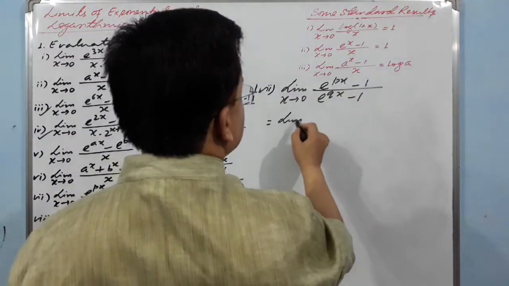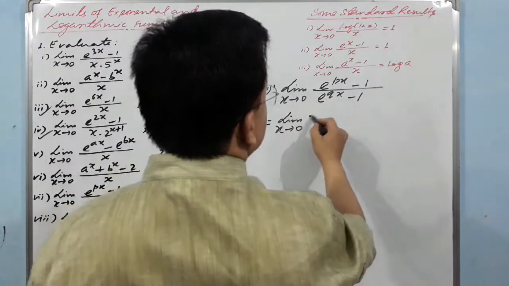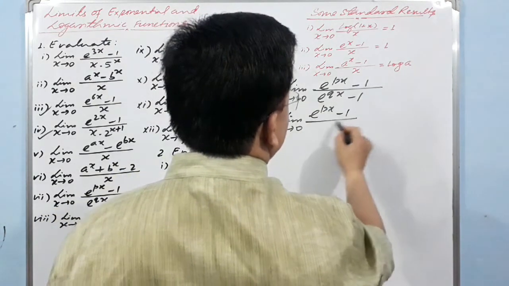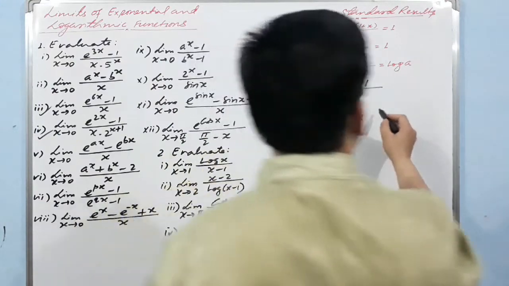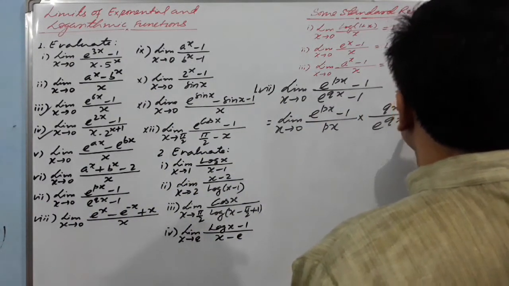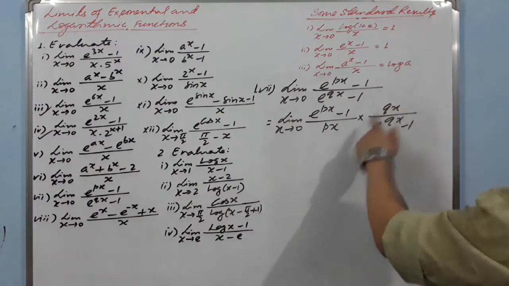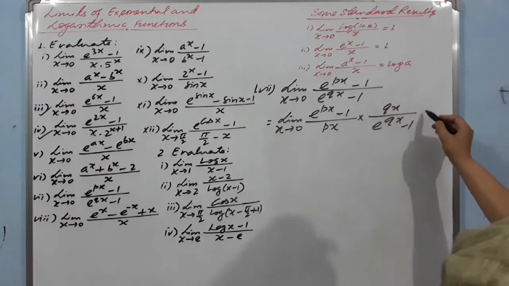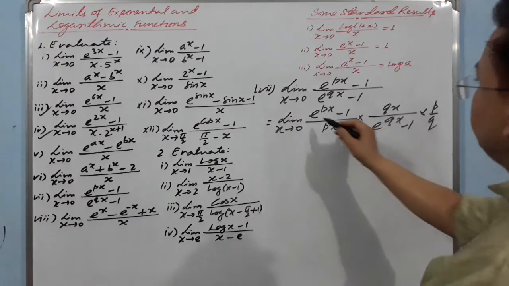You can do just an arrangement. Here we have px, so we need qx, and I'm writing here e raised to power qx minus 1. The x's cancel each other, so we get p upon q.